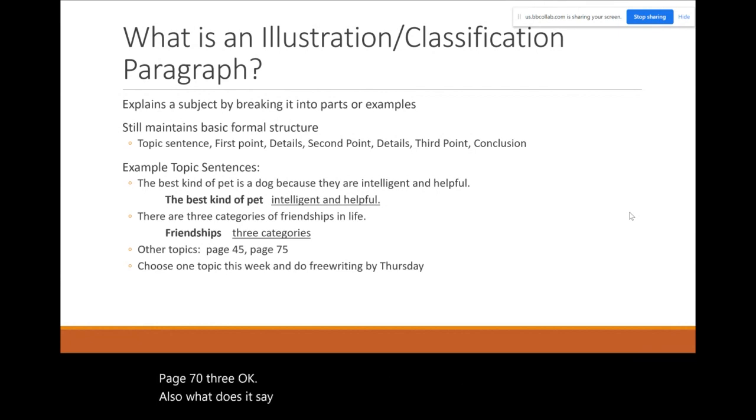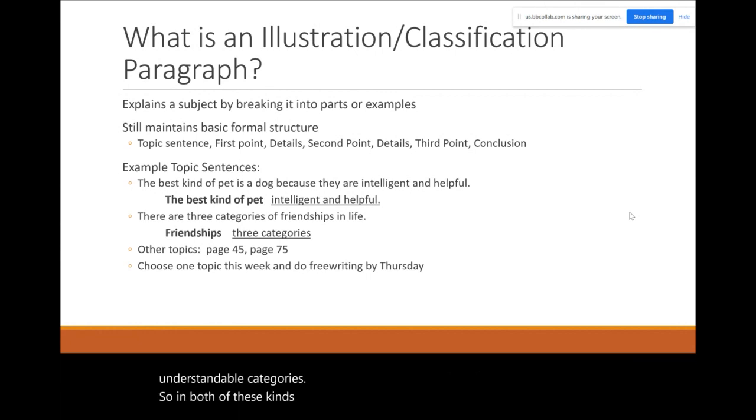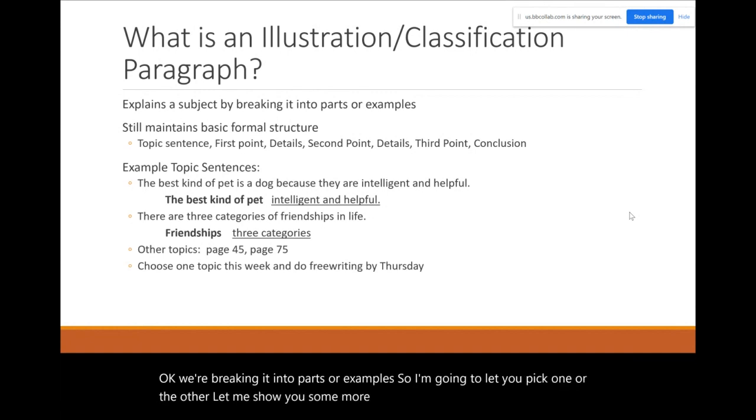An illustration paragraph uses examples to illustrate the main point, right? In a classification paragraph, you sort the subject into understandable categories. So in both of these kinds of paragraphs, we're taking a subject or a topic and we're explaining it in more detail. Okay, we're breaking it into parts or examples. So I'm going to let you pick one or the other. Let me show you some more example topics. Look at page 45.